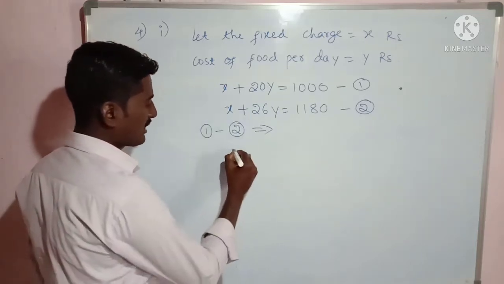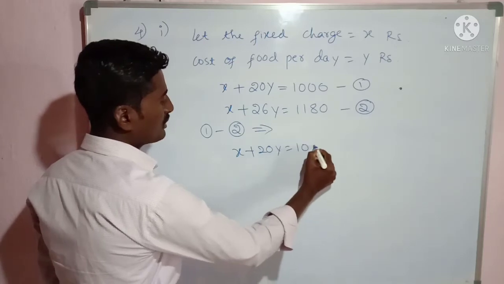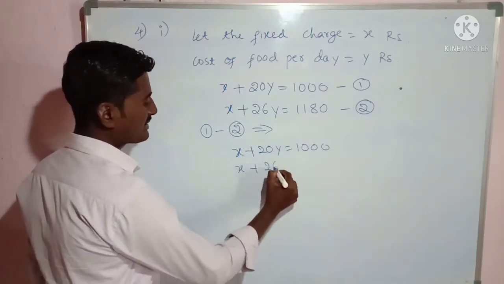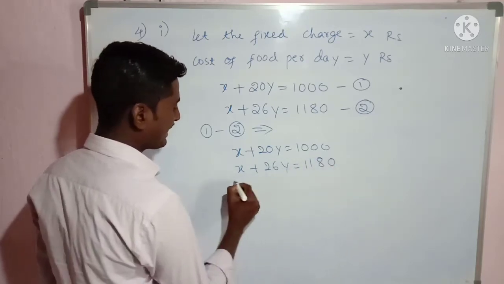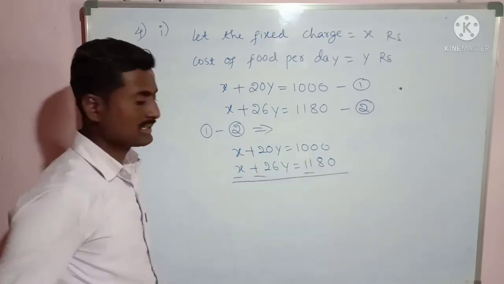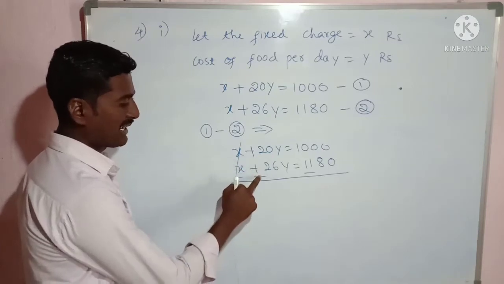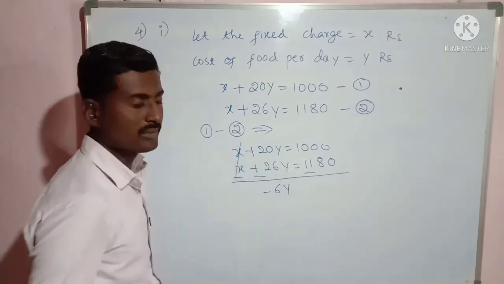Now write the first equation, x plus 20y is equal to 1000. One more, x plus 26y is equal to 1180. We are subtracting these. Minus, minus, minus. So here x gets cancelled. 20 minus 26, that is minus 6y.